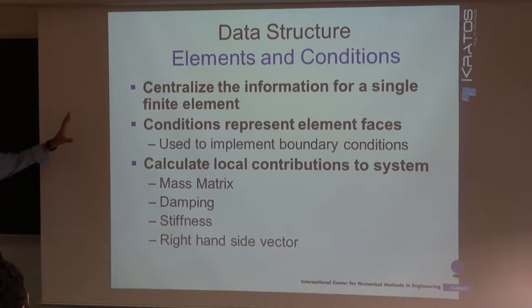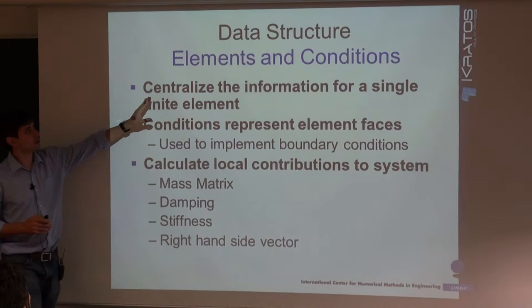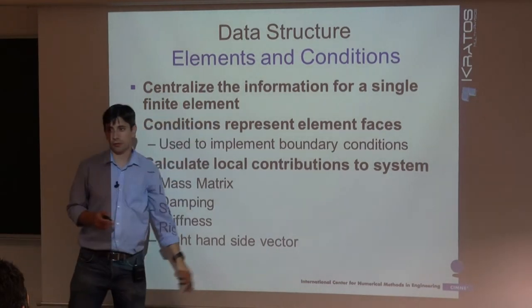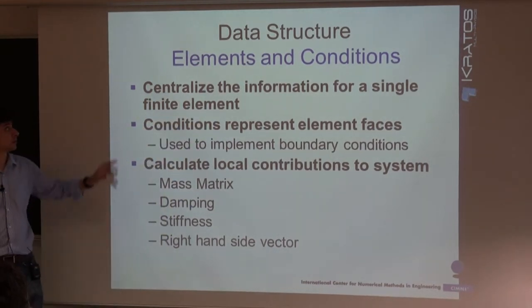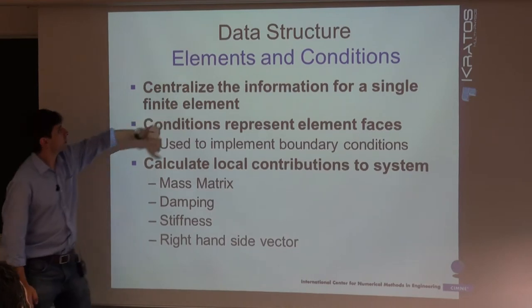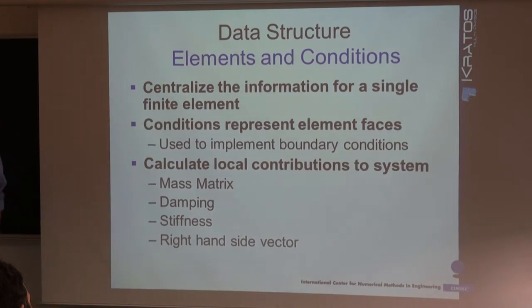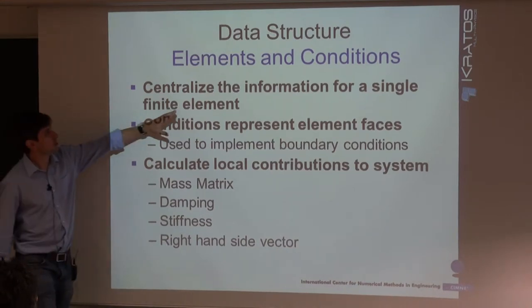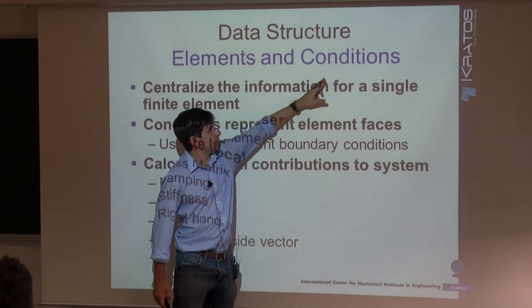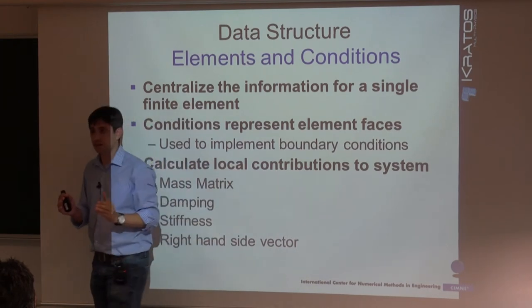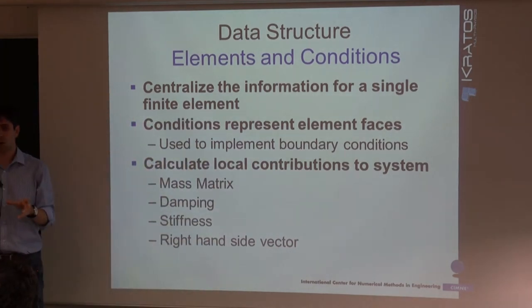And then we move to elements and conditions. The elements and conditions are basic for the finite element analysis. The elements centralize the information for a single finite element. And the conditions are objects that are very similar to elements, but usually have 1 dimension less.